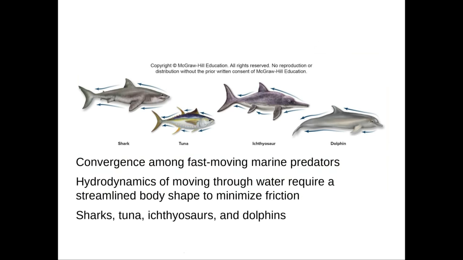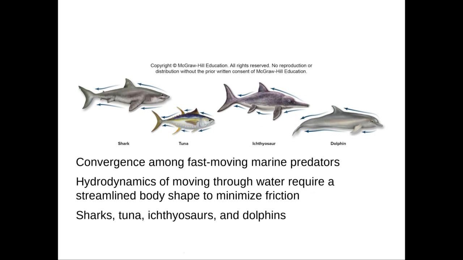We can also see this in our marine mammals. We can also see it in fish. Now, this is convergent evolution among fast-moving marine predators. So we see this in sharks. We see this in tuna, both fish. We see this also in the extinct ichthyosaur, something that lived back in the time of the dinosaurs. And we can also see this in dolphins, which are mammals. So we see it in reptiles, we see it in mammals, and we see it in fish.